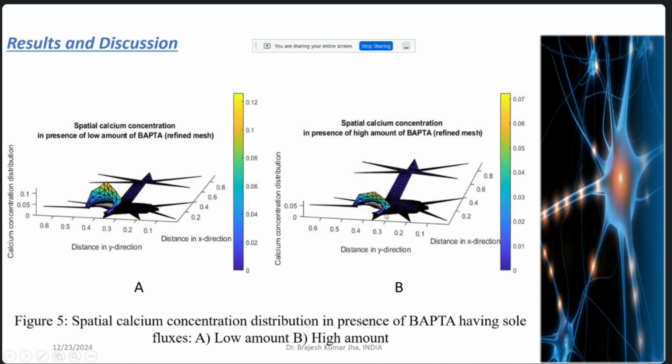Yes, if the BAPTA amount is higher, the free calcium will not be toxic for the cell. If we increase the amount again more, then what will happen? It will be in one cell to another cell.